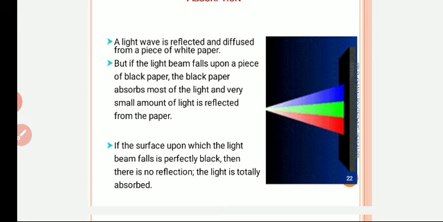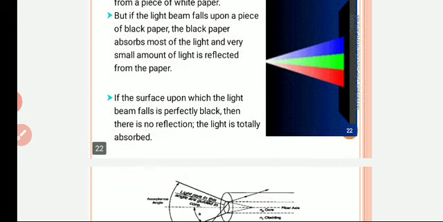The light is totally absorbed. But if it is slightly dark, some of the light may be reflected back and some may be absorbed. And this is called the process of absorption.